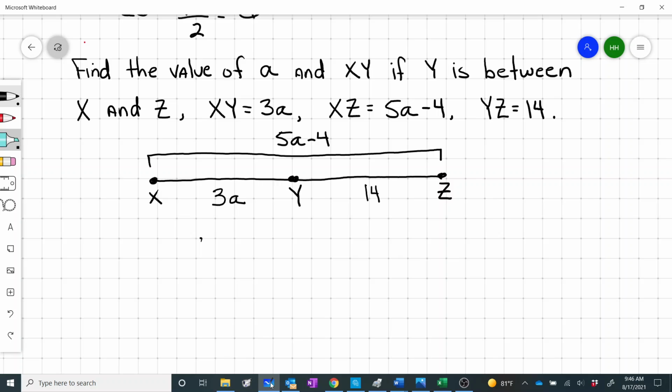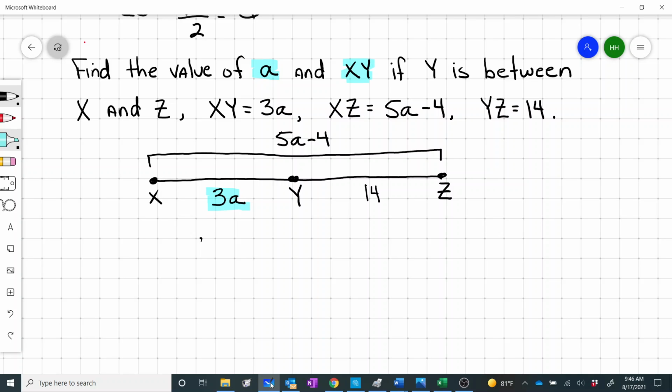You're asked to find the value of A and X to Y. Need this piece right here, because this X to Y is equal to 3 times A. So we've got to solve for A first.